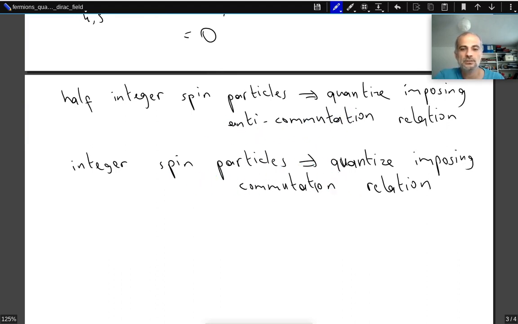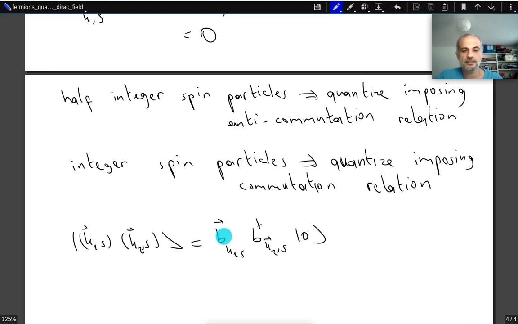Now, anti-commutation relations also tell us that the corresponding wave functions are anti-symmetric. So you see, let's say that we have one particle in the state k1 s, the other particle in the state k2 s prime. So this can be created up to a normalization as first let's create the k2 s prime, then k1 s. We are just fixing the notation.